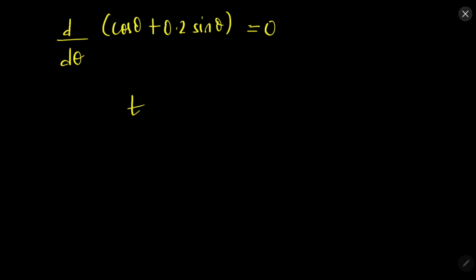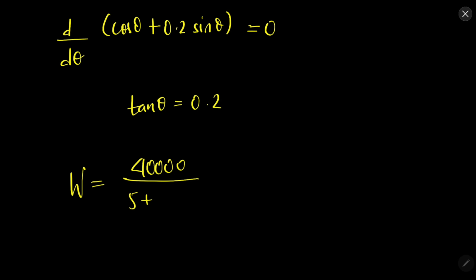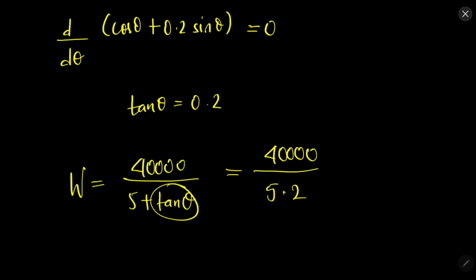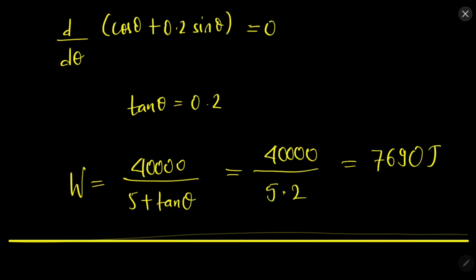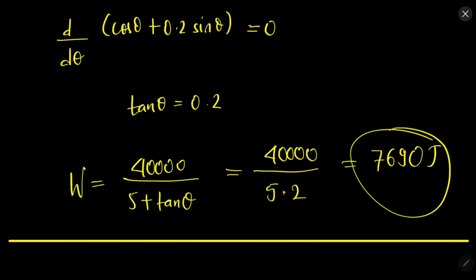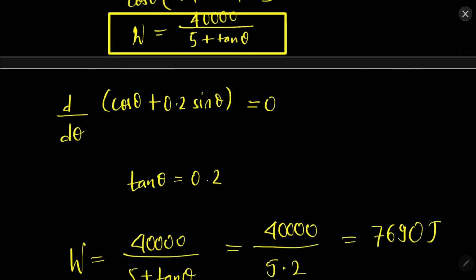From here tan theta comes out to be 0.2. So work done equals 40,000 upon 5 plus tan theta, so it will be 40,000 upon 5.2, because this is 0.2. So it comes out to be 7690 joule. So in the case when the force applied is minimum, the work done is 7690 joule.